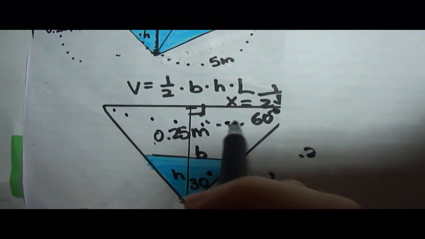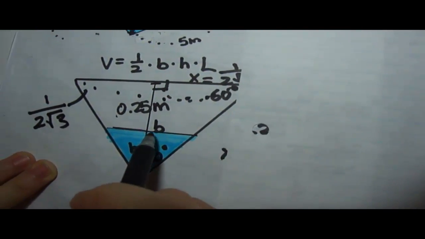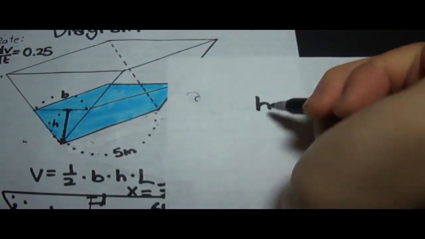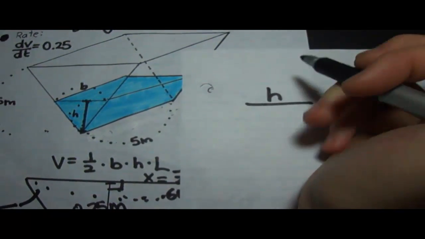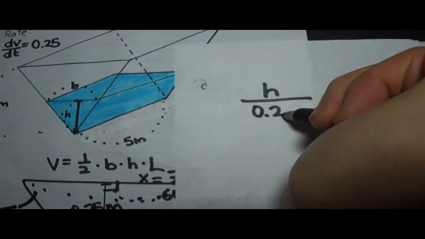So now we know that the whole length is equal to 1/2 √3. And we have the height of the trough, which is 0.25 meters. So now we can use the similar triangle rule to find B and H. So we're going to make height and base the same ratio.